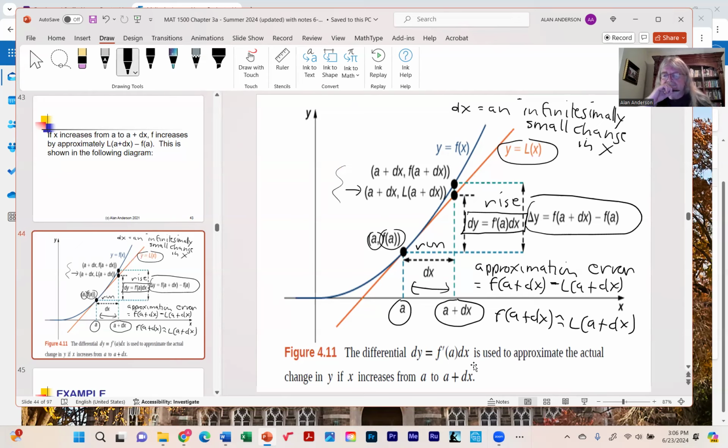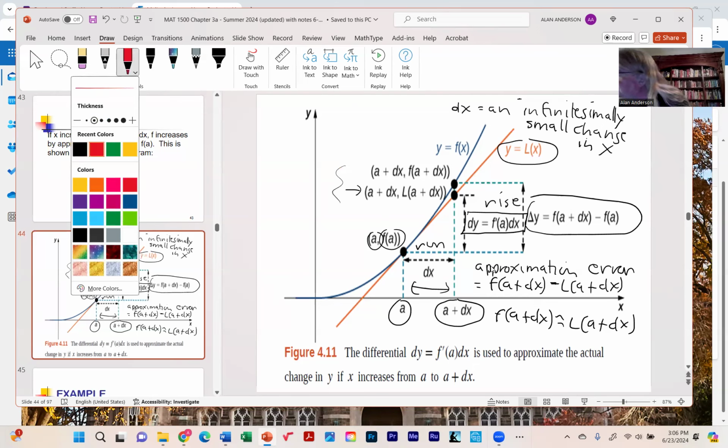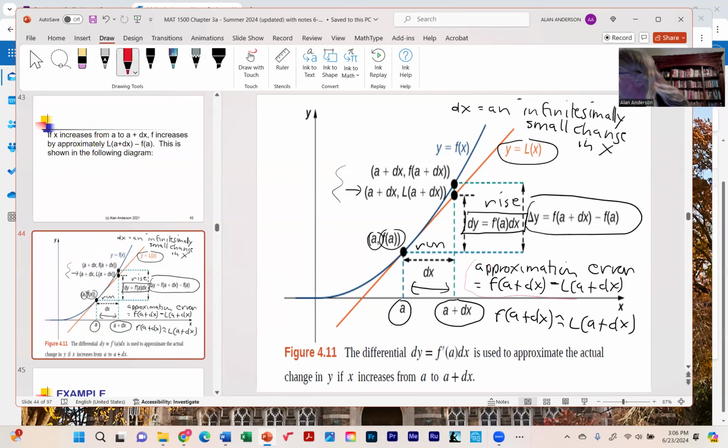And here, this is the error. How far off are we going to be? So in other words, all they're doing is showing you how what we were just doing ties in with differentials.